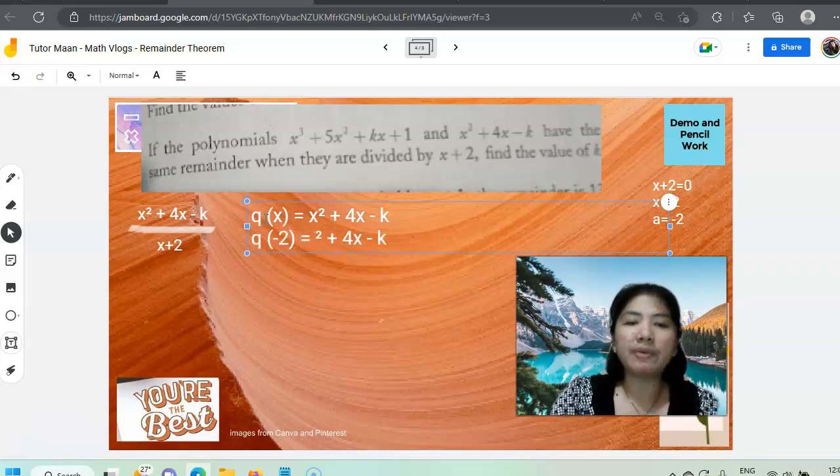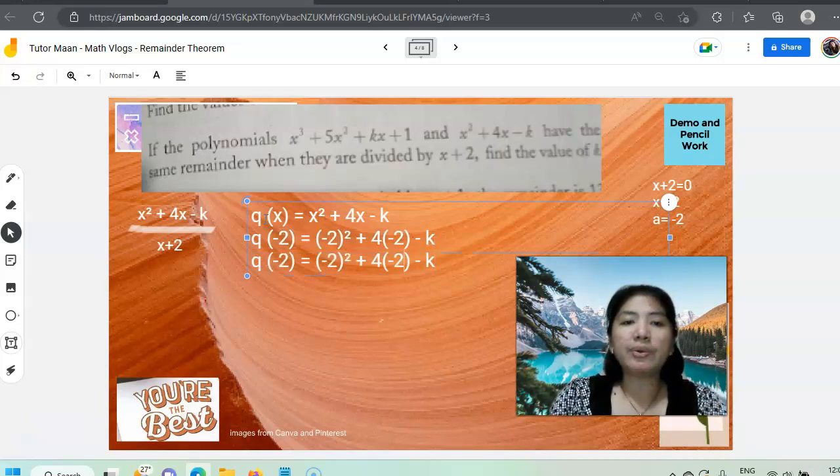So the base here for the first term is negative 2 and then 4 times negative 2. Now let's do the third line. So negative 2 squared. We have a negative base, even exponent. So the answer is positive. And how much is 2 squared? It's 4. So we have positive 4. Then for the second term, positive 4 times negative 2, it's a negative 8.